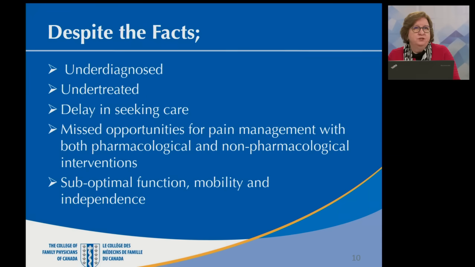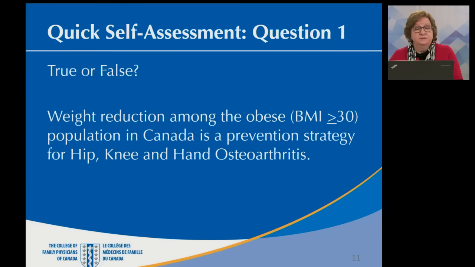Those are valuable years to help a patient understand how to manage symptoms and how to avoid further deterioration, or at least reduce the pace of it. By improving our screening techniques and our advice to patients, we can optimize function, mobility, and independence.